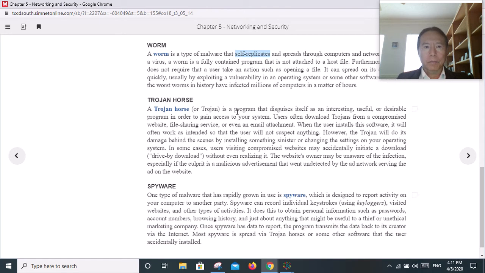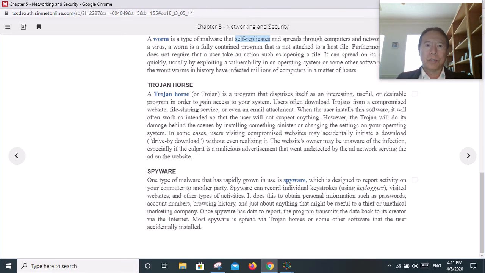And Trojan horse, as the name implies, is like a time bomb. You got a Trojan horse, meaning it may explode sometime, time-based or event-based. Or if you do something to your computer, then the Trojan horse will come out.